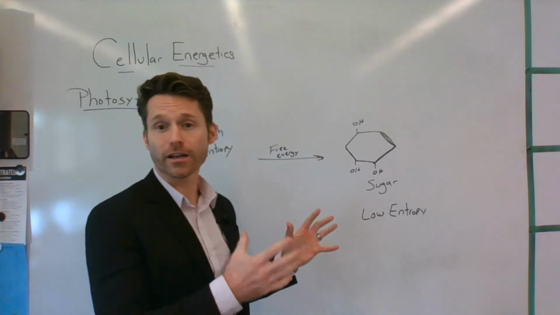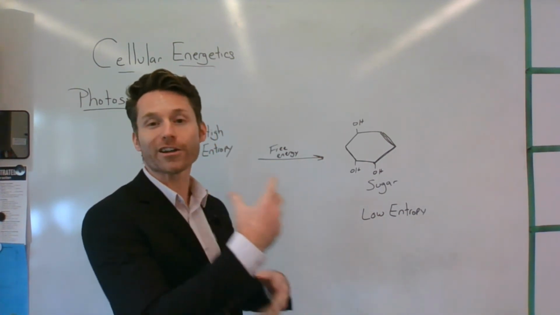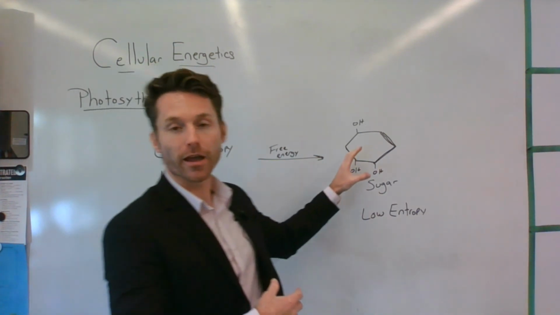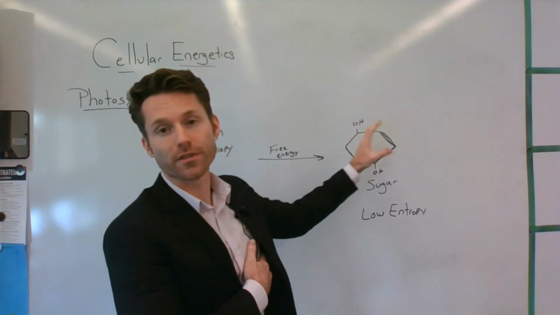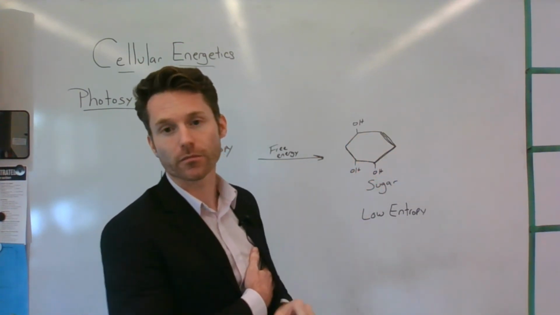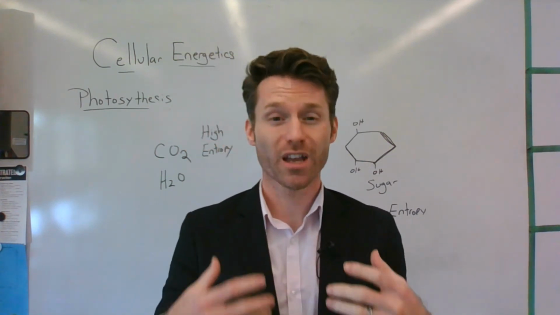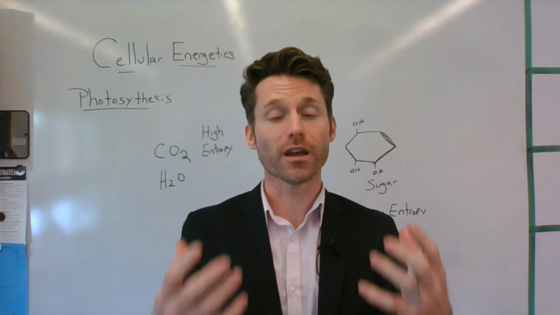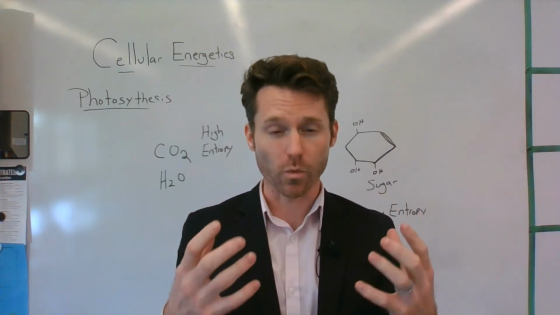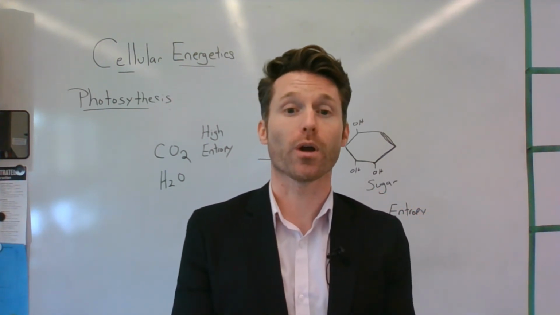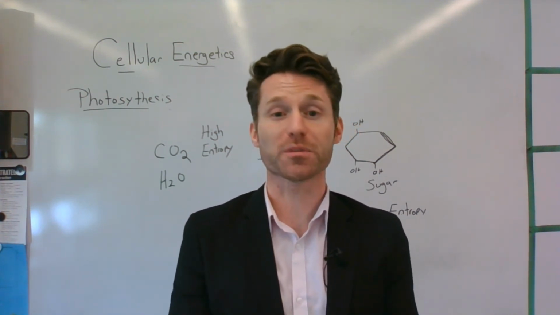So we've taken the energy available in sunlight, we've converted it through chemical reactions, and it is now being stored within the bonds of this sugar. And so by manipulating entropy changes, we have effectively saved some available free energy for use when we want to use it. And the way we get that out is through the process of cellular respiration, which I'll speak of in the next video.